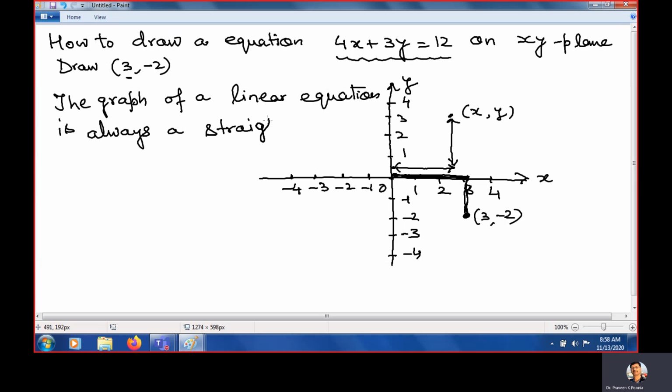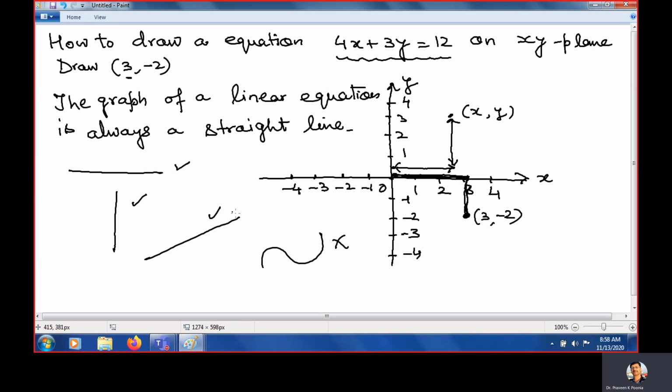You need to remember, a straight line means like this one, like this one, like this one. These are straight lines. This is straight, this is straight, this is straight, but this is not a straight line.